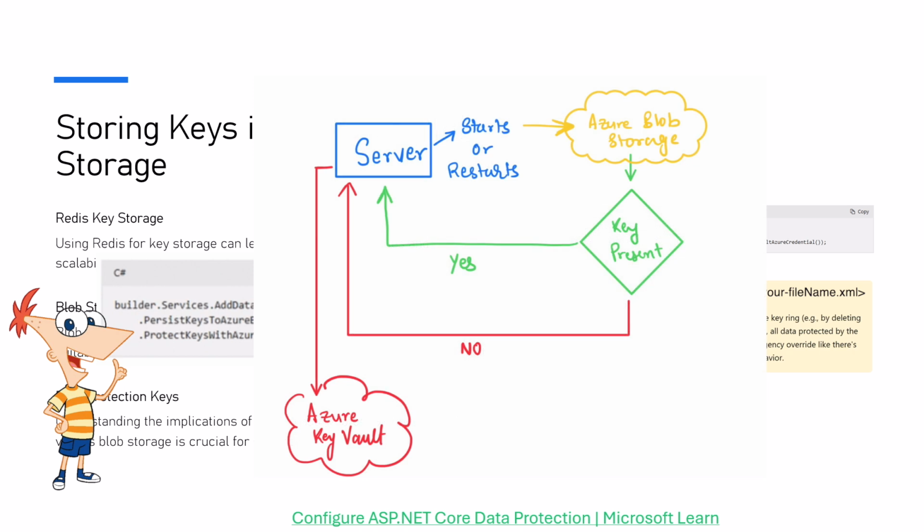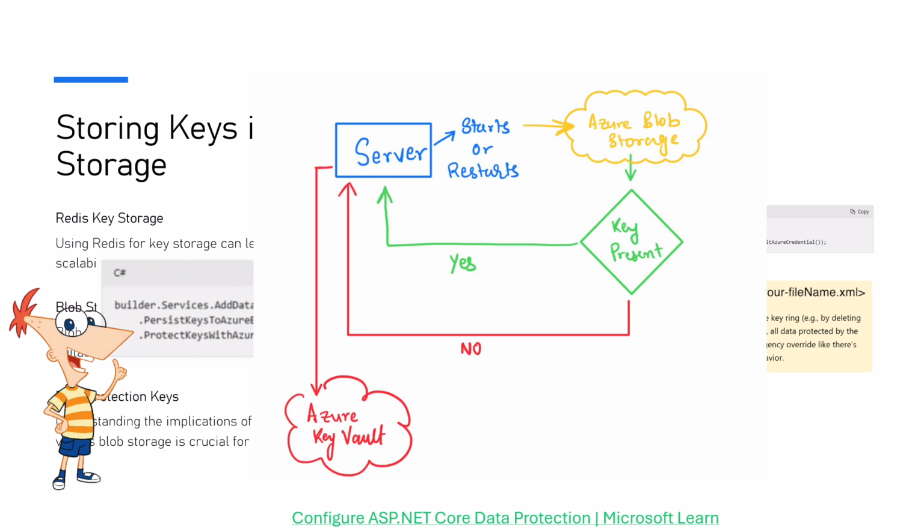Now, services.AddDataProtection will run only when the service starts, because it's a service configuration. So whenever a server starts, it will essentially hit this line of code. And remember, it hits only when the server starts. At that time, it will go and check the storage account, the blob storage container. If it has a key which is valid, it will fetch it and store it in its server cache.